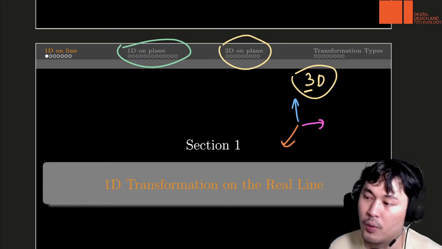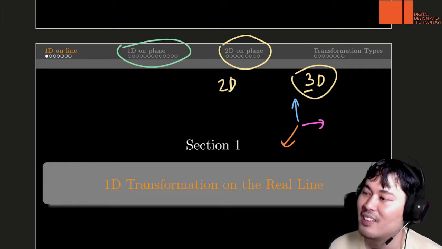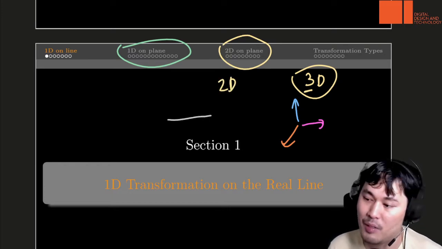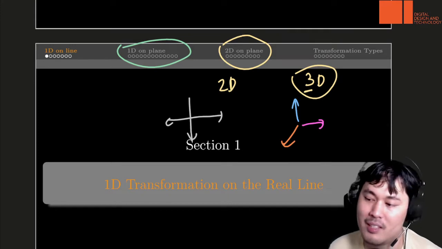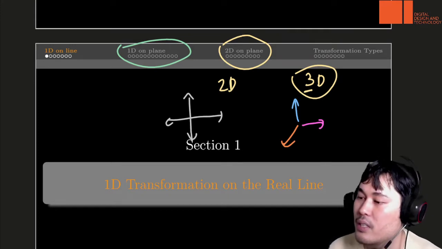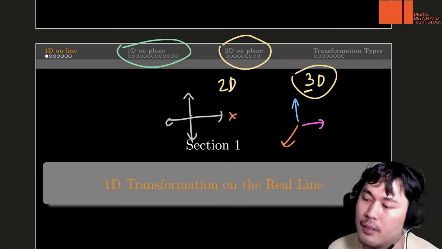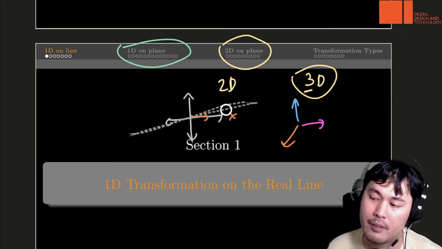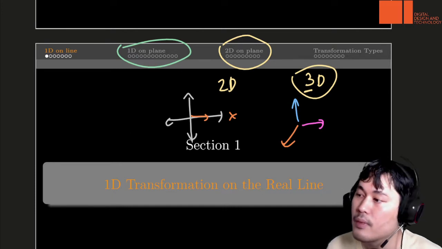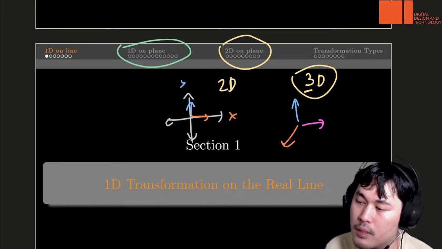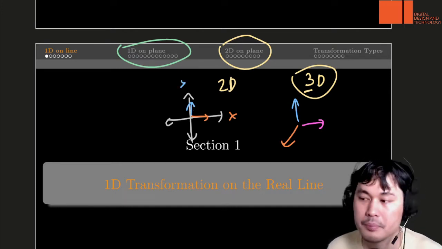When we go back to two dimensions, this might be more familiar because we have already studied it, which is about graphs. A graph has two axes: the x-axis, which can be thought of as the horizontal direction, and the y-axis, the vertical direction.